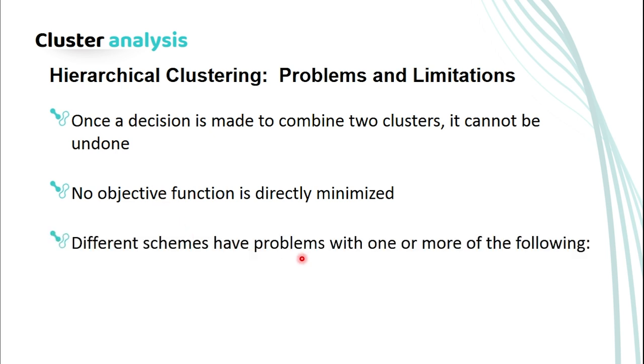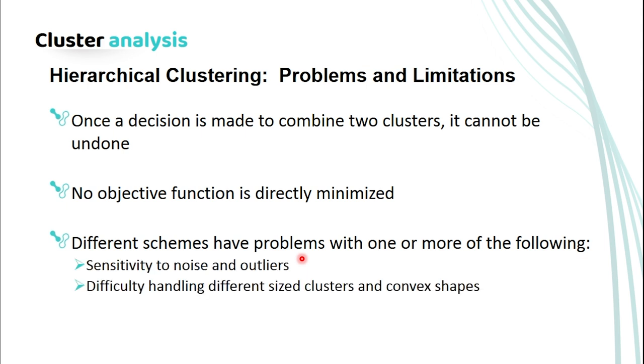Different schemes have problems with one or more of the following: sensitivity to noise and outliers, difficulty handling different sized clusters and convex shapes, and breaking large clusters. So different methods may deal with some of these drawbacks, but no method deals with all the problems. For clustering, which kind of measurement is the best choice?